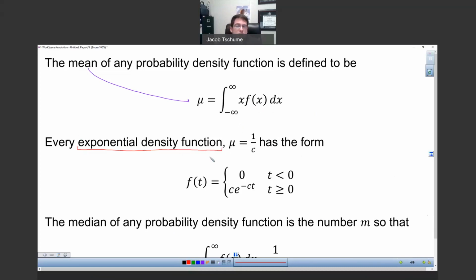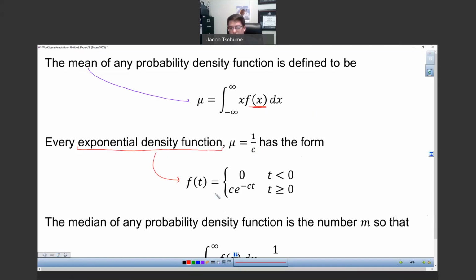The reason that we define the exponential density function is because mu is a little bit easier to find in this case. Mu is defined as the ratio of 1 over c, and then you'll use that formula to then define your f of t. Now, this f of t is what's been inside all of these formulas that I've been showing you.